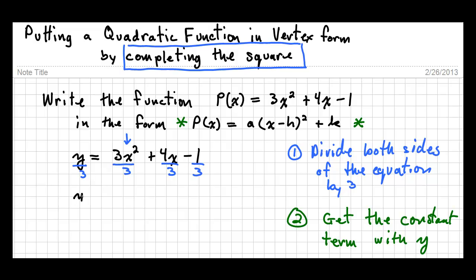So we get y over 3 equals, now the whole reason we did this is because we want this to just be x squared, which it is now, plus 4/3 x minus 1/3.